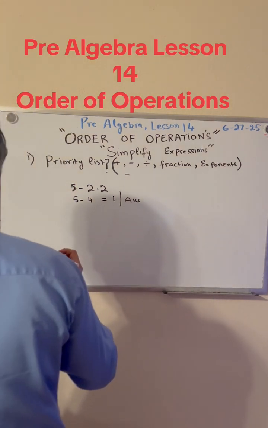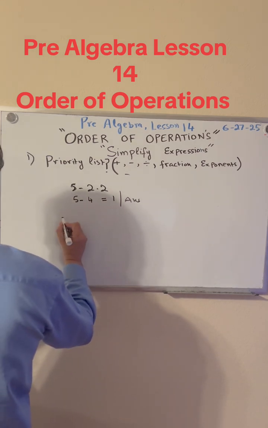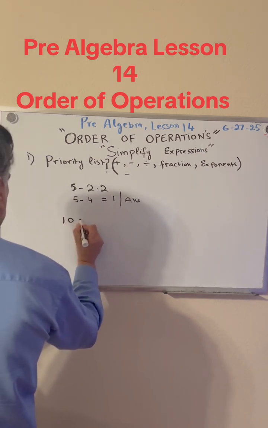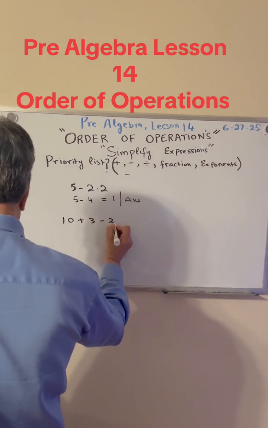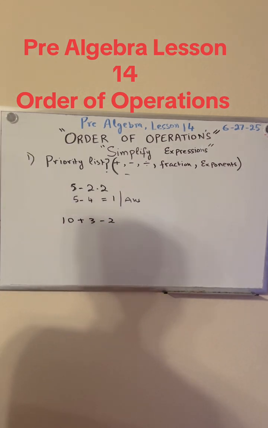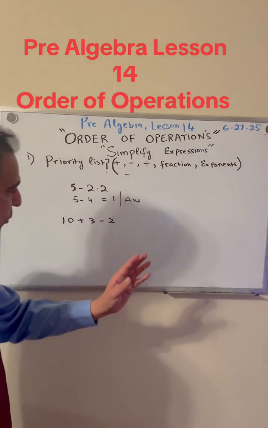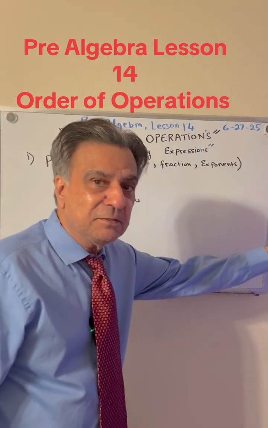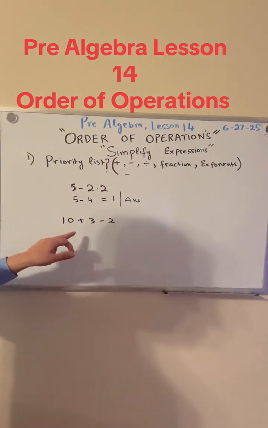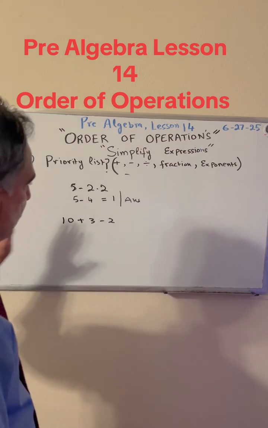Let's do another problem. Let's say you have 10 plus 3 minus 2. How would you do that? When you have plus and minus, you have to solve the problem from left to right. I'm going to say it again: when you have plus and minus in a problem, solve from left to right.